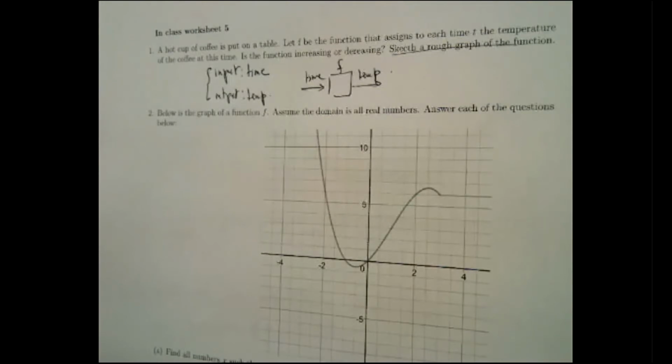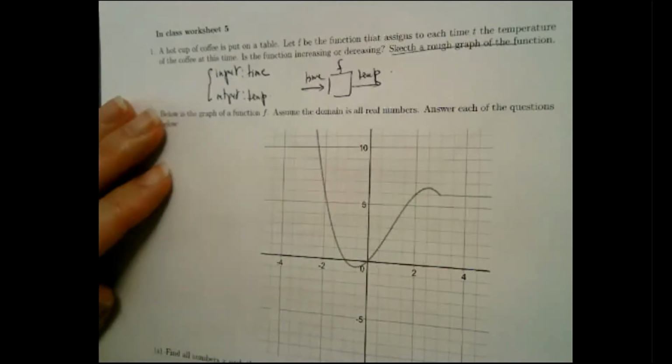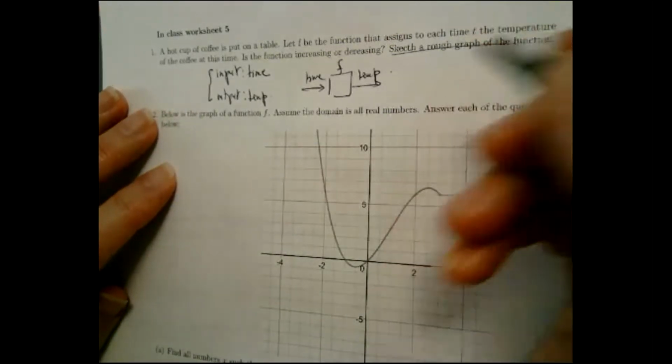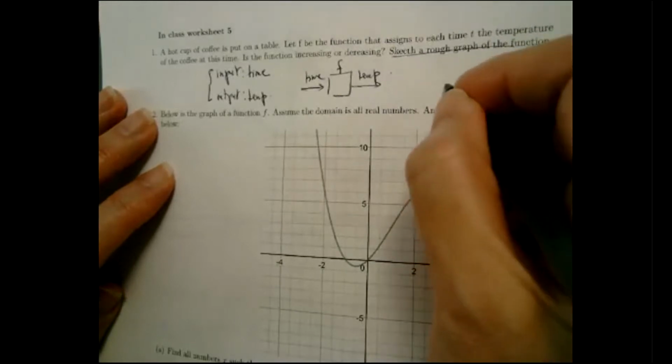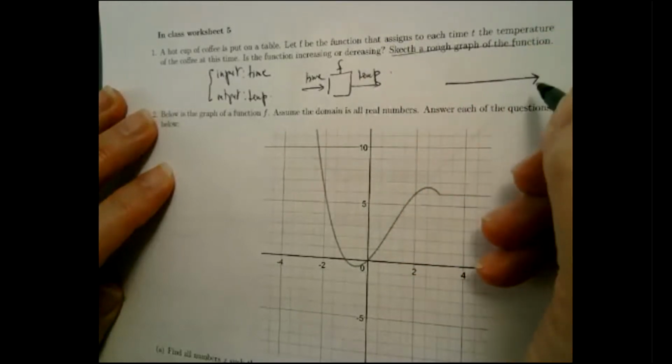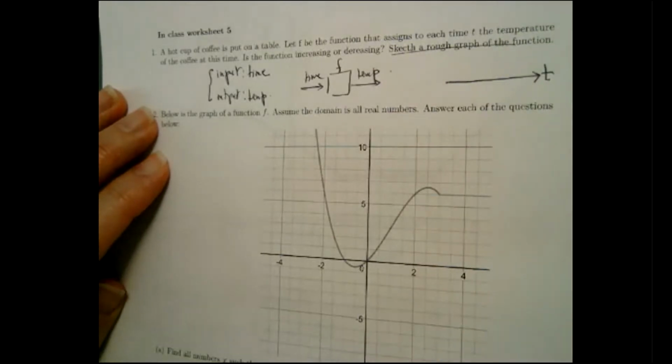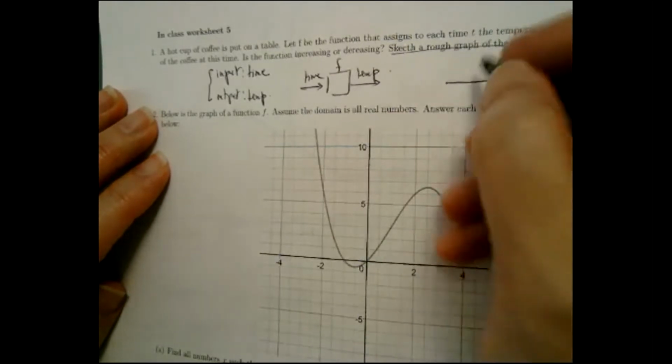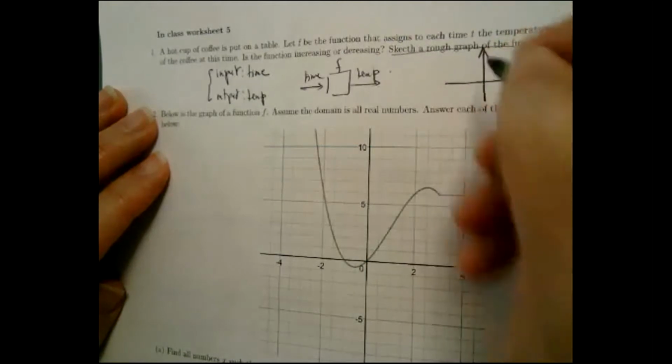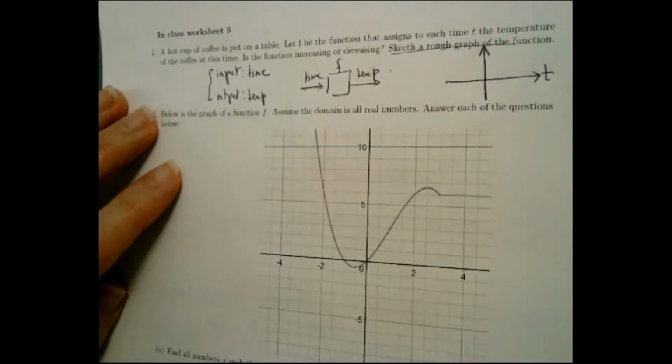Sketch a graph in your mind, or not in your mind, on your piece of paper. How would the graph look like? Decreasing, Kevin, decreasing. All right, absolutely so. Why? Remember when we graph, on the horizontal axis is always the input, which is time, and the output right here, the temperature.